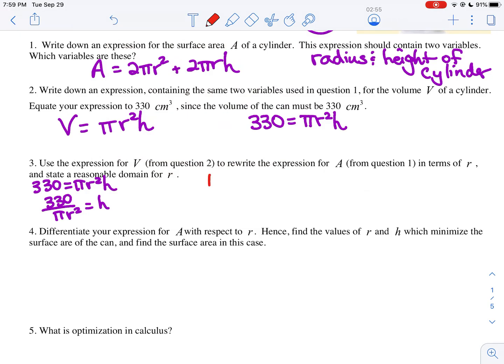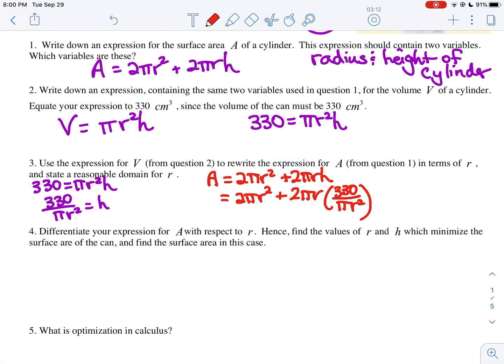Then I'm going to come to the surface area formula, and I'm going to replace h with what we just found here. So I took my volume and I solved it for h, and that's where I got 330 over pi r squared. Then I went to the surface area and I replaced the h with that.